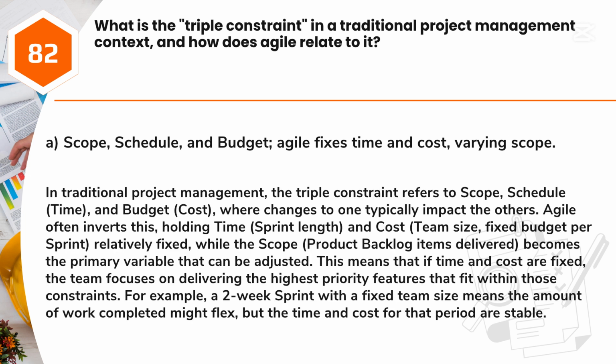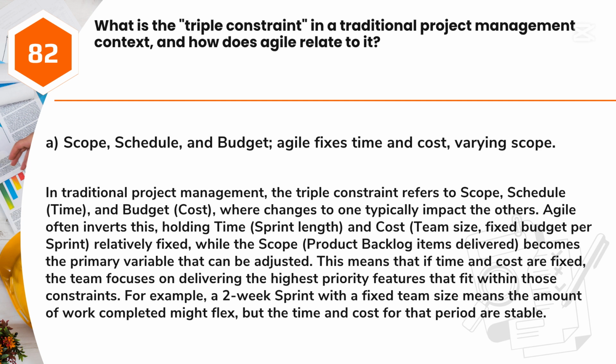Answer. A. Scope, schedule, and budget. Agile fixes time and cost, varying scope. In traditional project management, the triple constraint refers to scope, schedule (time), and budget (cost), where changes to one typically impact the others.